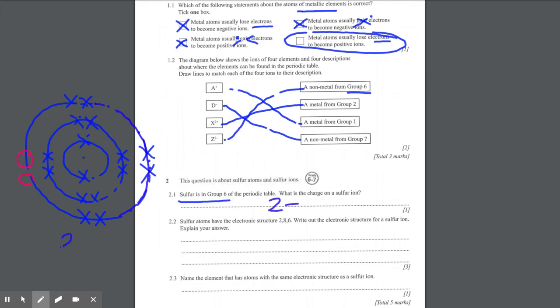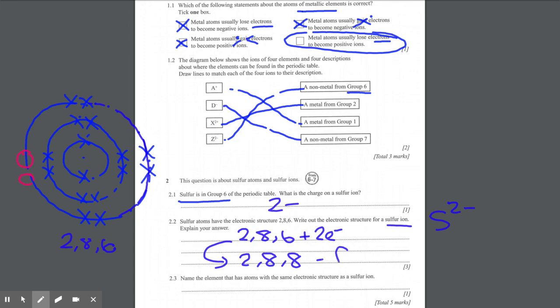Which means if we've gone from a 2-8-6 species, the next question is saying, write out the electronic structure for the sulfur ion. The ion is the substance which is formed when it has gained those extra 2 electrons. So we're moving from 2-8-6, it has added 2 electrons to it, and it has then become a 2-8-8 species and has a full outer shell to complete the outer shell, and that's how it has then become stable.